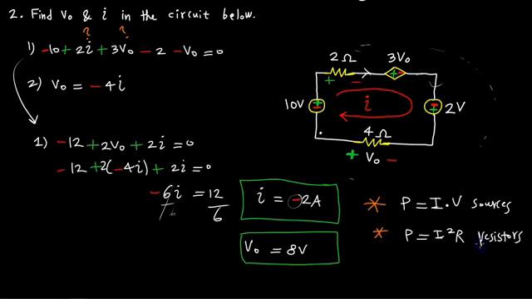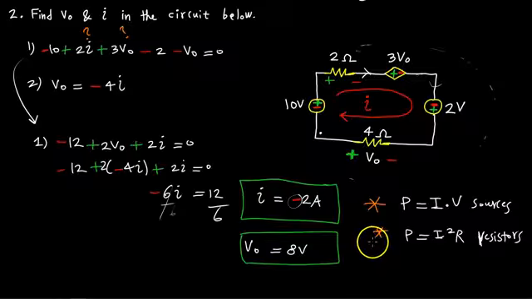If you use these two, I think it will be easier, because if you're using P equals IV for the resistor, you'll need to know the voltage across it, but you may have not found that quantity yet at that point. So it might just be better to use I squared R for the elements and I times V for the sources.